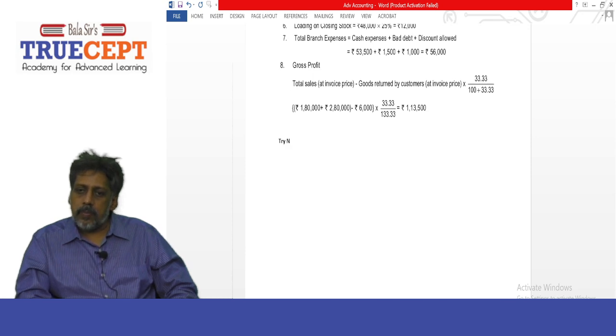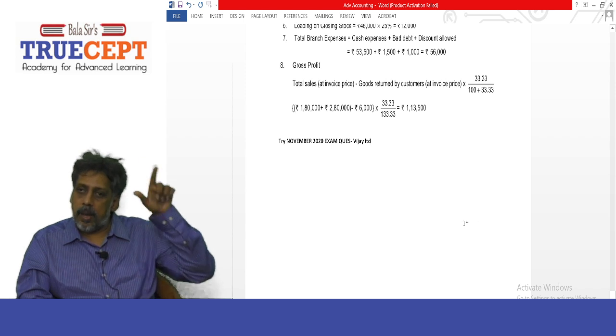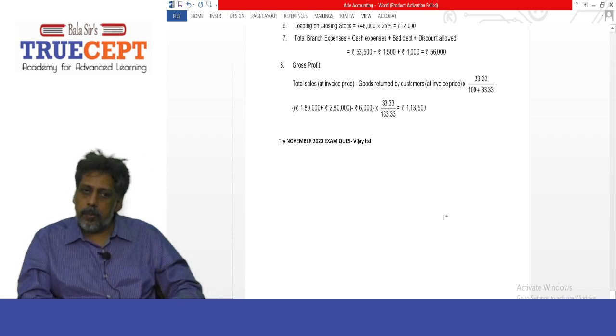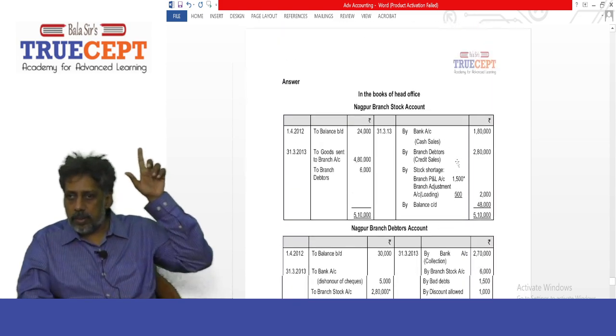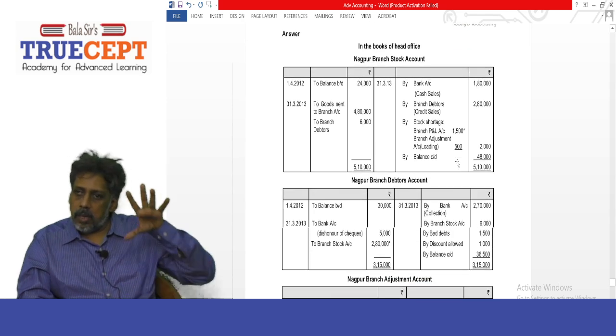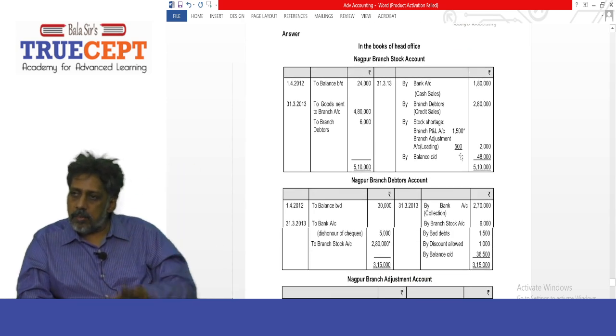If my memory serves well, it reads Vijay Limited. Now guys, I should go through that example, November 2020. In that example, there's a surplus, and the surplus will be transferred to profit and loss account. Now, let's come back to this example. Now, I'll go ahead and make a branch adjustment account.